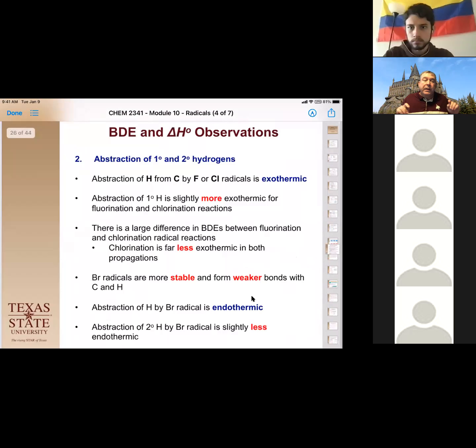So when we look at the abstraction of the primary or secondary hydrogens, if we do it with the fluorine or the chlorine radical, it's both exothermic. The abstraction of that primary hydrogen is slightly more exothermic in fluorination and chlorination reactions. Therefore, it tends to happen more easily, okay?